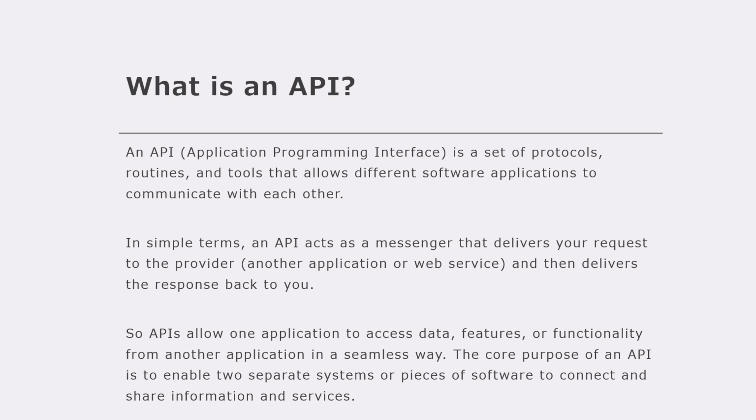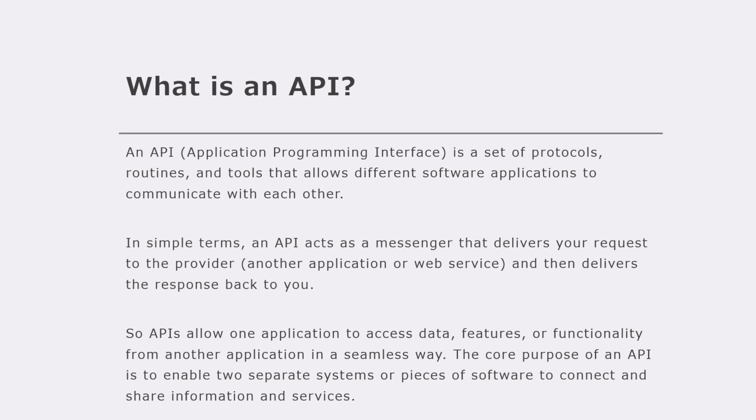An API, which means Application Programming Interface, is a set of protocols, routines, and tools that allows different software applications to communicate with each other. In simple terms, an API acts as a messenger that delivers your request to the provider, another application or web service, and then delivers the response back to you.